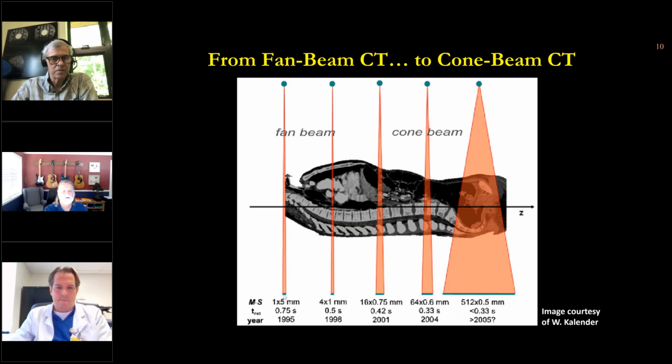And what we're really talking about today in cone beam CT is much, much greater beam width. There's a couple of commercial whole body CT scanners that have a 16 centimeter aperture at the isocenter, but we're not really talking about those today. We're talking about cone beam CT systems, and that's the width of the cone that we're talking about in today's system.